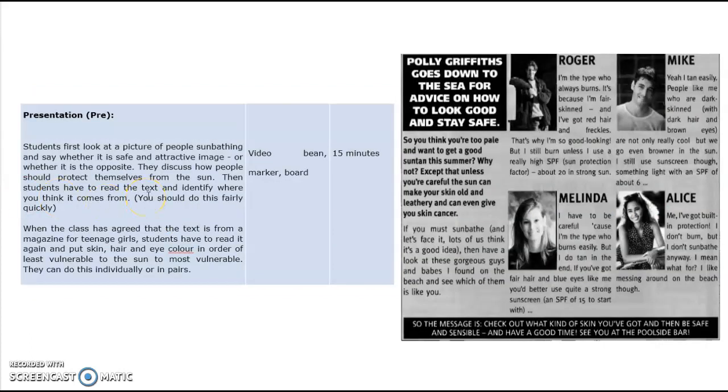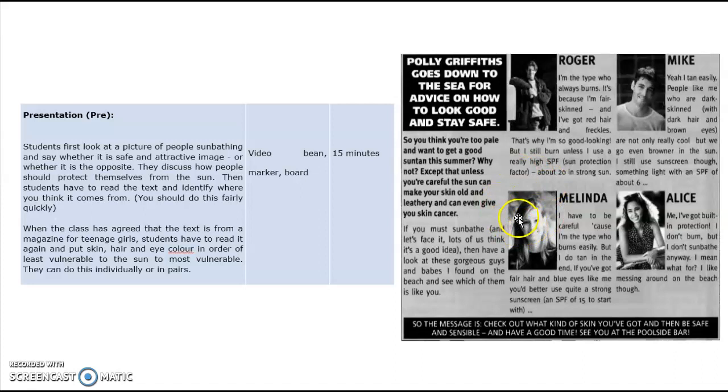The next step is the presentation. The idea is that the students read this newspaper text. But first of all, students have to look at the picture of people sunbathing and say whether it is a safe and attractive image or the opposite.